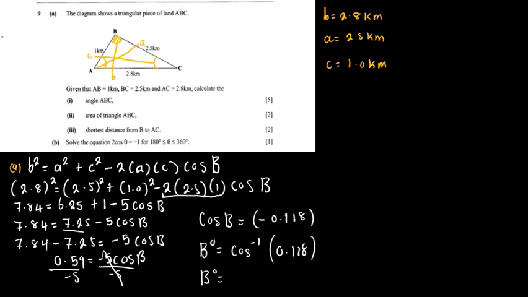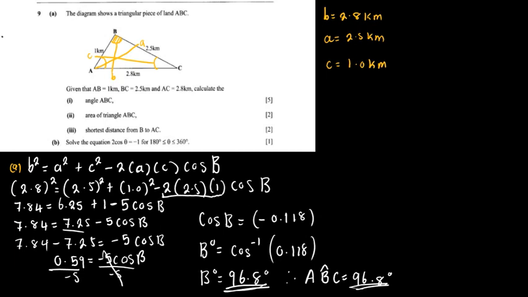The angle is going to be 96.7, let me just say 96.8. Okay, that is the angle. So I can therefore say angle ABC is going to equal 96.8 degrees. That's just how we calculate that.